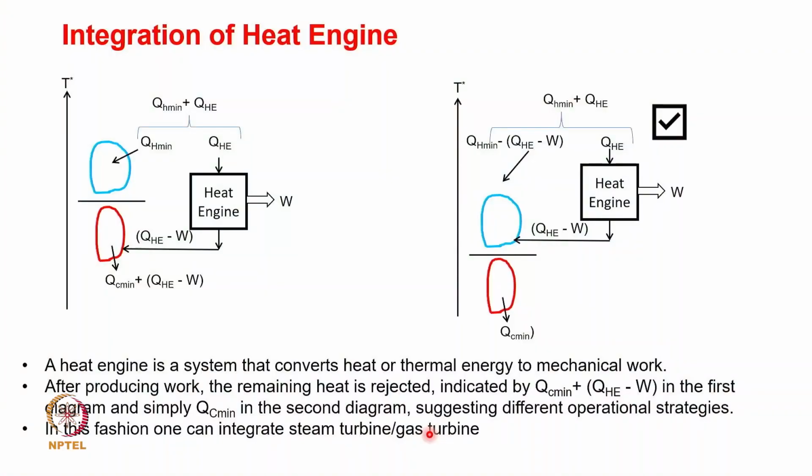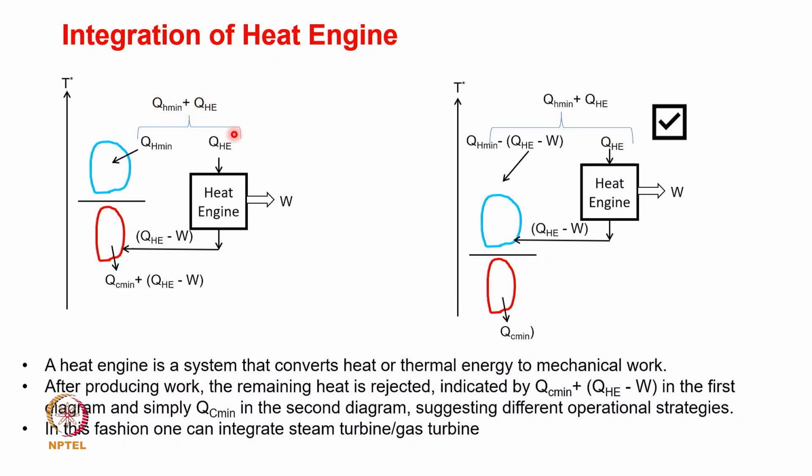So you can try adding a heat engine across the pinch point. There are two ways to add a heat engine to the pinch. Anyway, we need to add an additional QH min as a heat utility, and we are not adding just QH min, but a summation of QH min plus QHE.